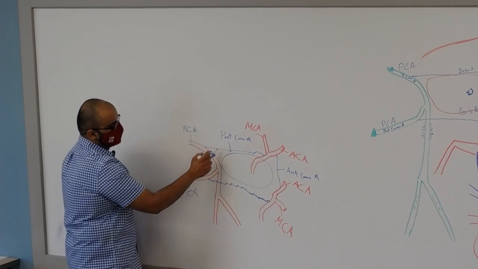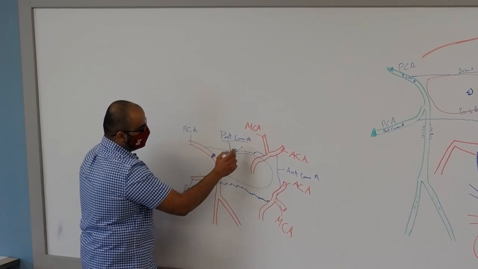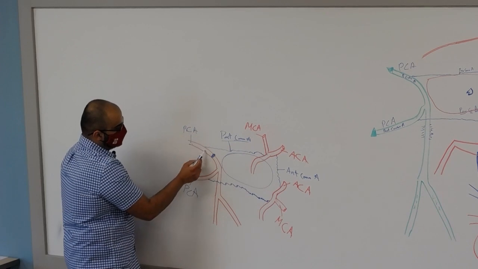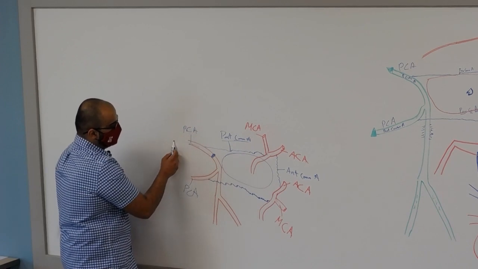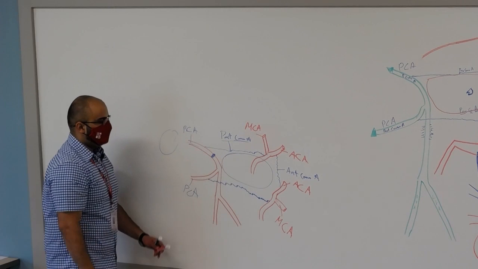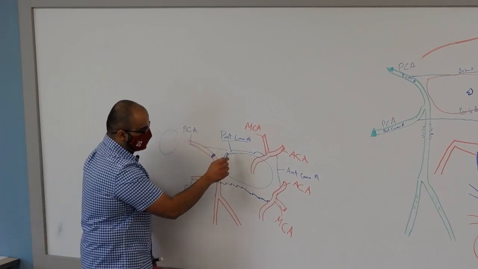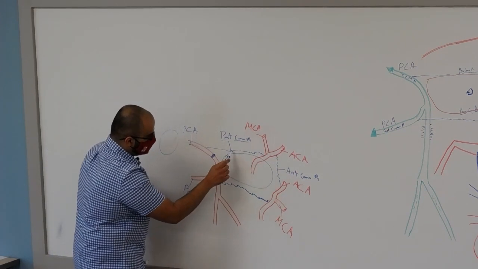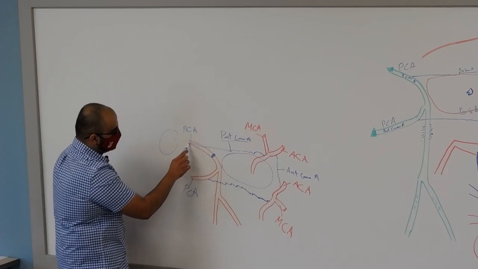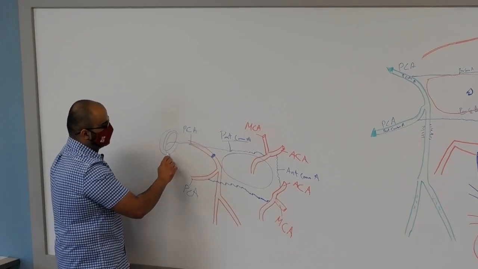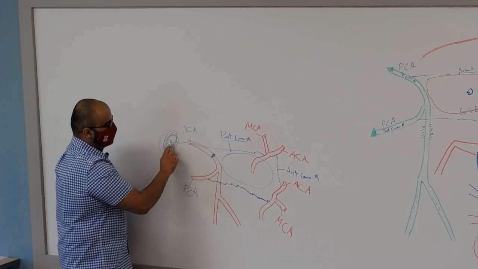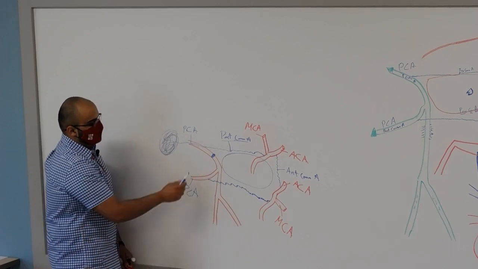What happens if there is no posterior communicating artery right here? The posterior cerebral artery cannot supply blood to that side of the brain. So the blood travels from here and supplies the blood to that side of the brain, so the brain tissue doesn't die. So that's the purpose.